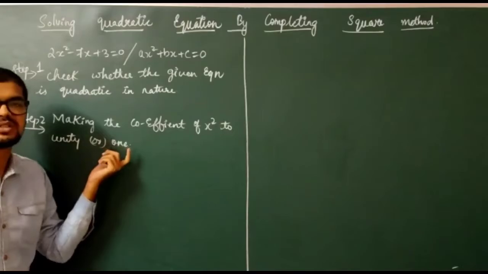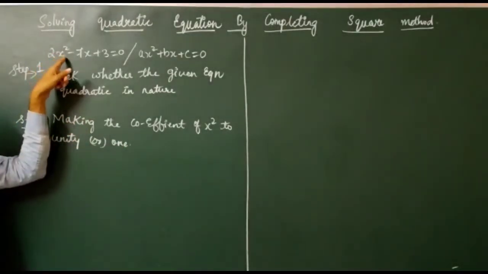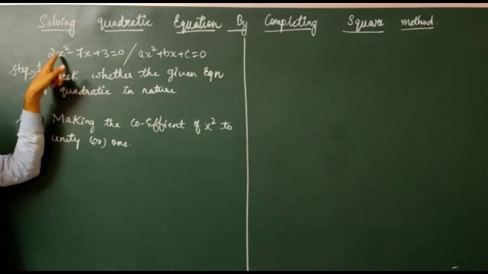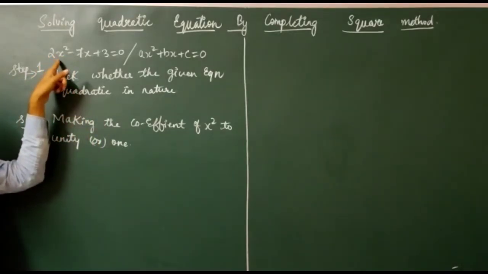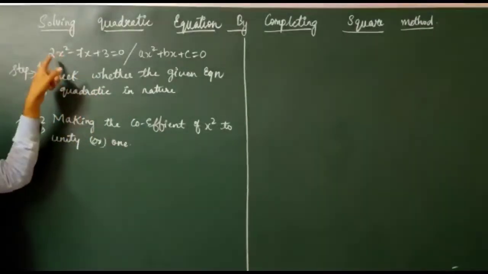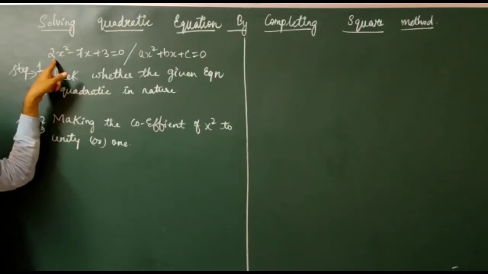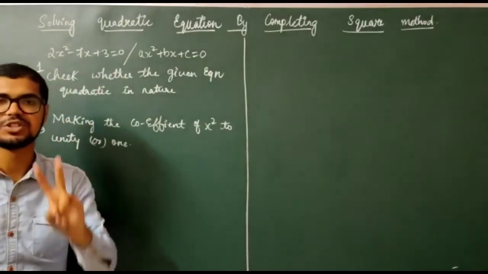Now what is the meaning of this? The coefficient associated with the variable x square, I must reduce to 1. The constant here is 2, right? So in order to make this coefficient of x square equal to 1, I need to divide this entire quadratic equation by 2.